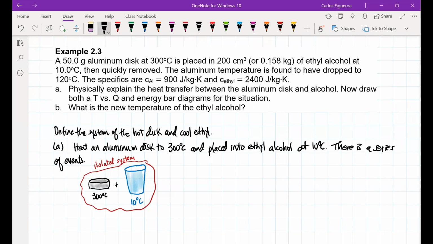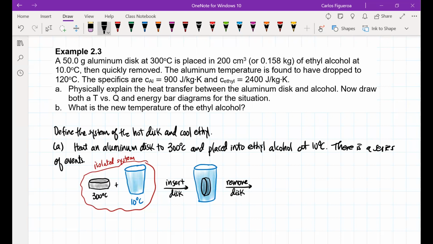So here's our process now. That means no heat goes in or out of that system. Now we're going to insert the disk. When I insert the disk, it goes through a thermal process where the disk is in the alcohol, and I've dropped it right in here. And then we're going to remove the disk very quickly.